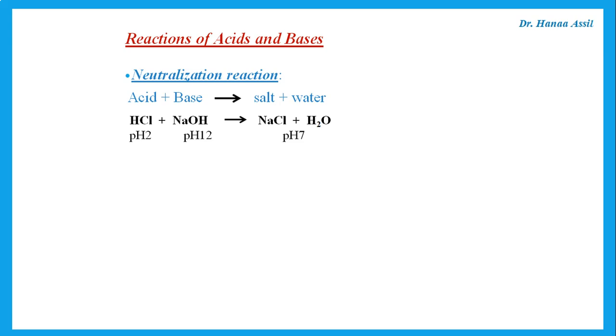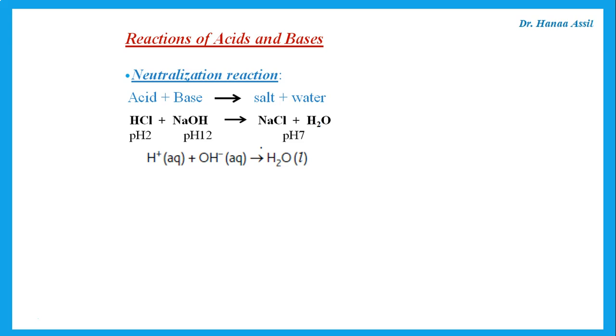Now this gives salt and water, and these are both pH 7, so we have neutralized the solution. That's why it's a neutralization reaction. Now I want you to pay attention to this ionic equation for neutralization reaction. Remember, we said an acid is something that has H plus ions. A base is something that has OH minus.